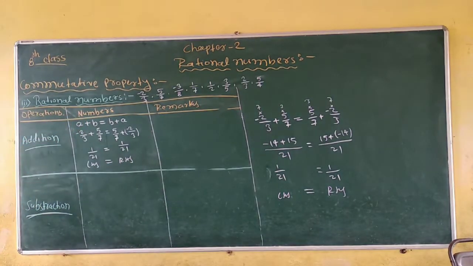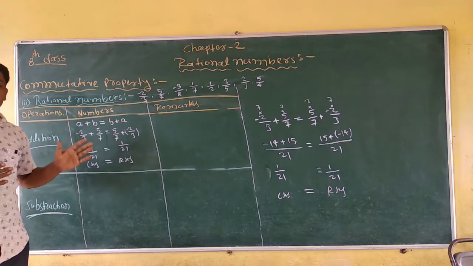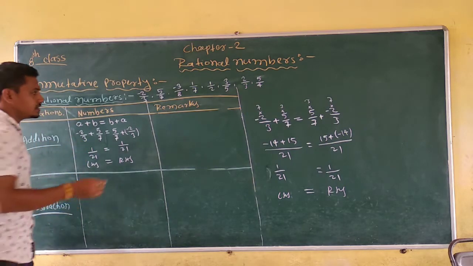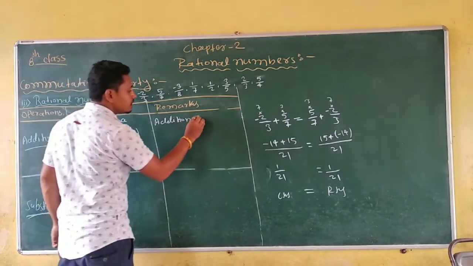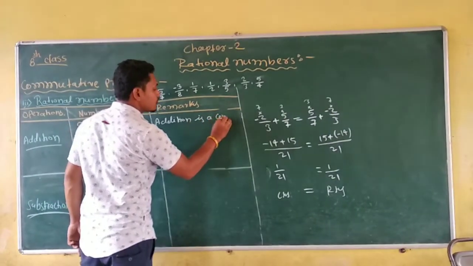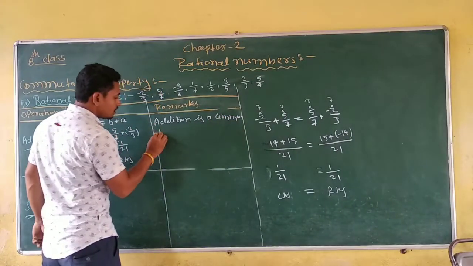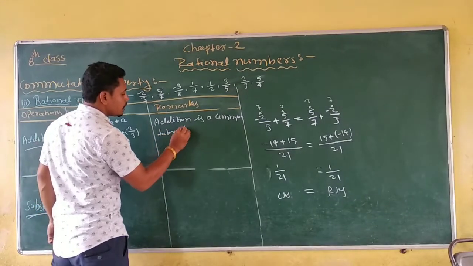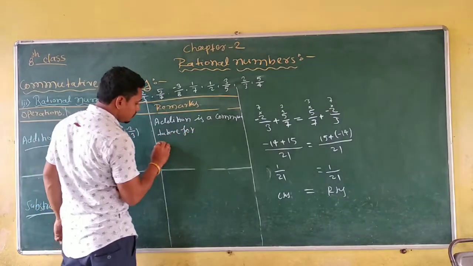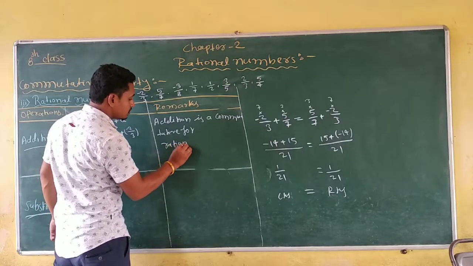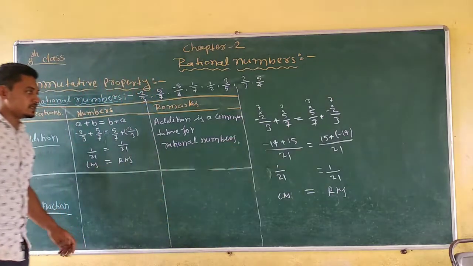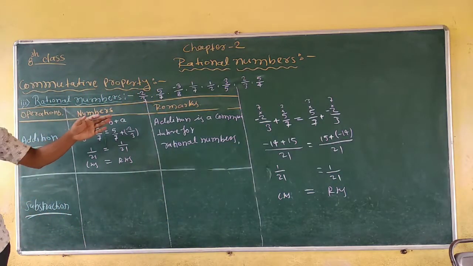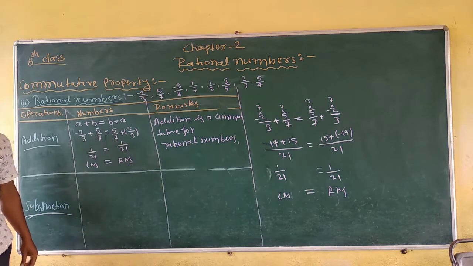So the remark is: addition is commutative for rational numbers. Addition is commutative for rational numbers.